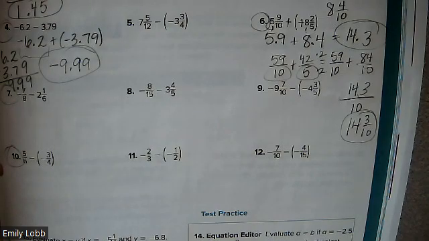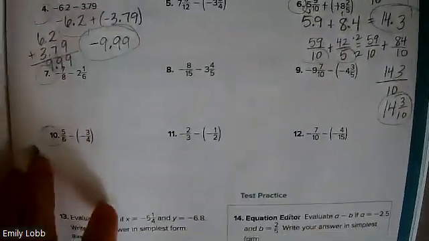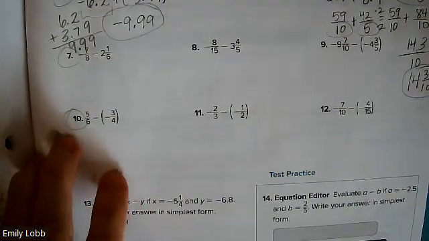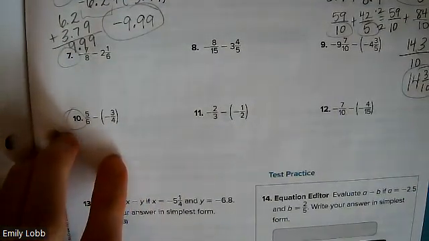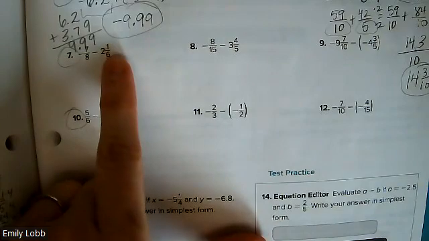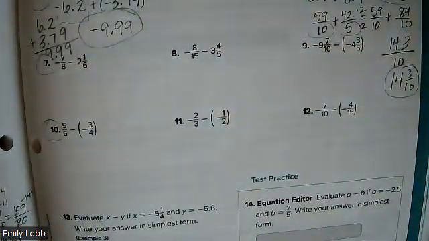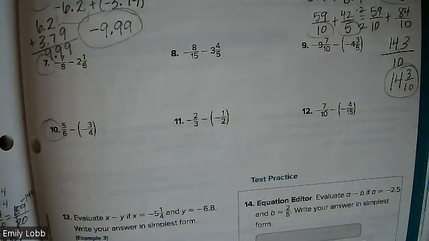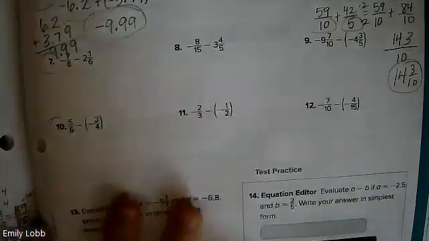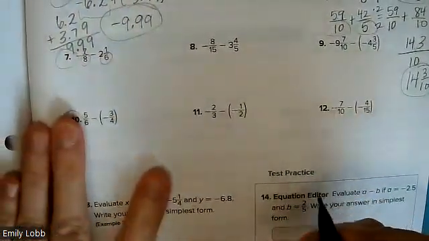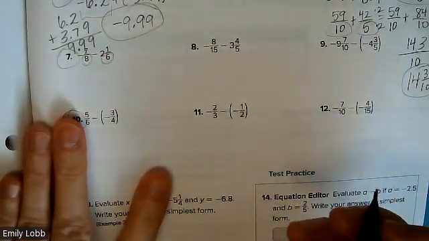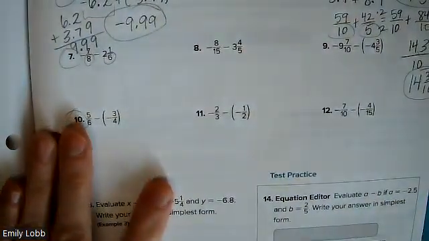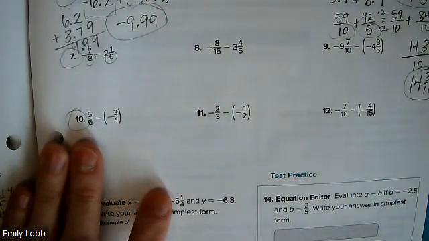With number 7, can I use decimals? No. You would quickly find out that 1 divided by 6 is a repeating decimal, so I cannot use decimals. I have to keep these as fractions. So I'm thinking, what is a common multiple of 8 and 6? 8, 16, 24.